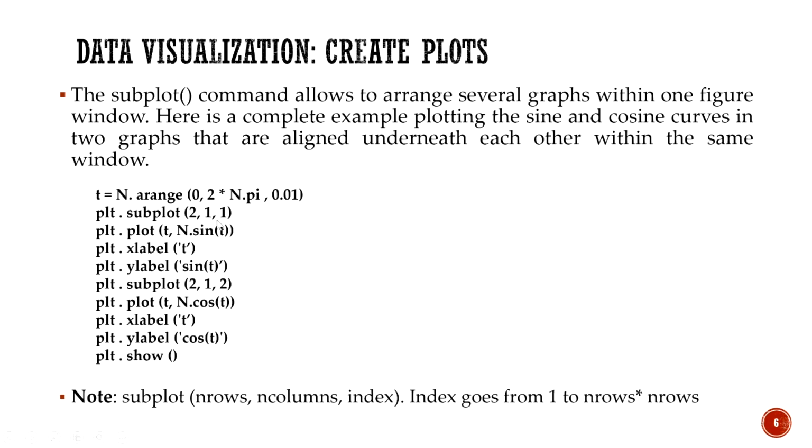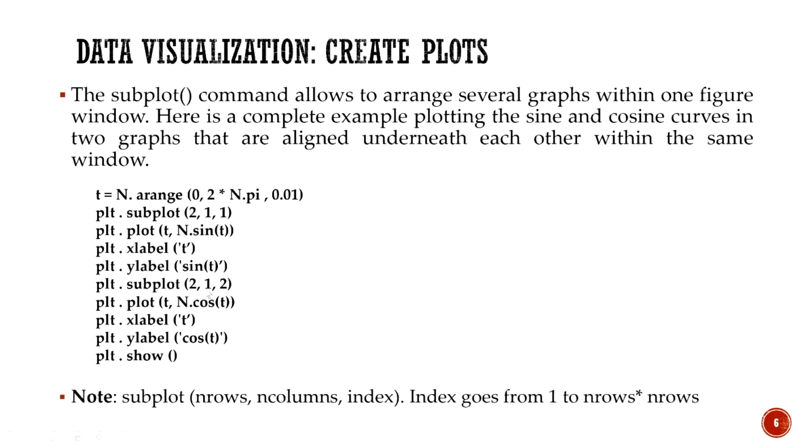So when we define the subplot, then we create, okay, how many plots we want to have in one figure. Then we can apply the plot function. So we want to plot t, and the y value is sine of t. Then we add x label, y label, and then we call subplot again, but here we are updating the third argument.